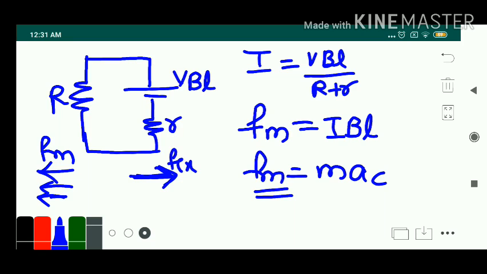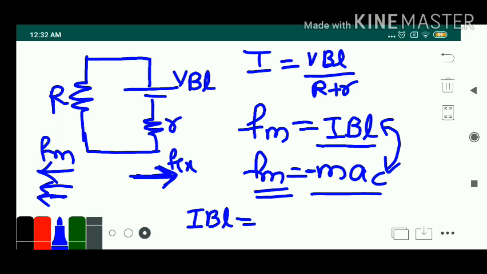So I can write here minus, right? So Fm is IBL as well as Fm is equal to minus ma. So both equations can be equated as IBL is equal to minus ma, right?